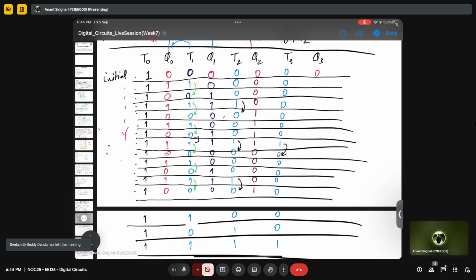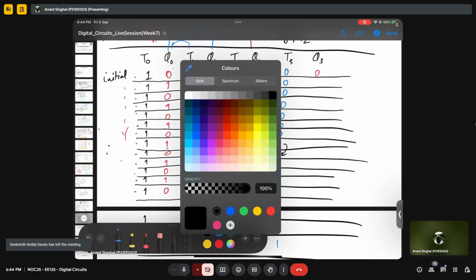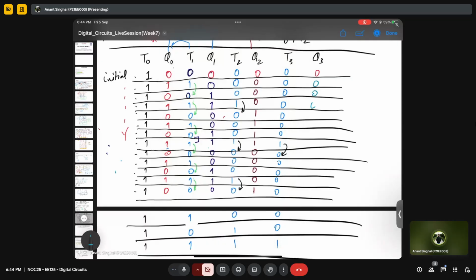So Q3 will remain the same till the toggling. Here the toggling happens, so it will always remain 1 now till the next toggling, and there is no toggling basically. 4, 5, 6, 1, 0. Yeah, something like this. Not sure.